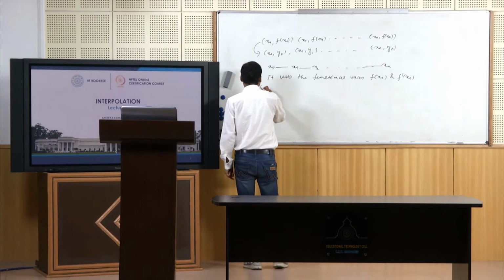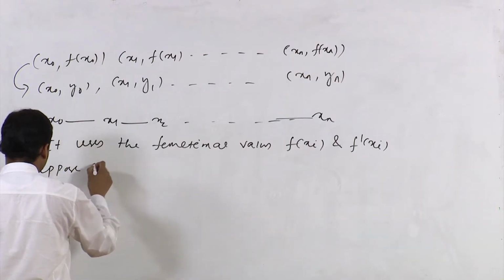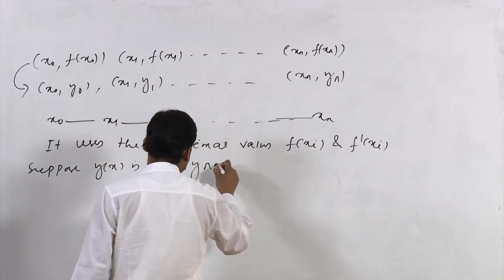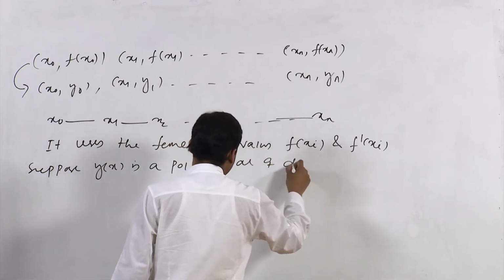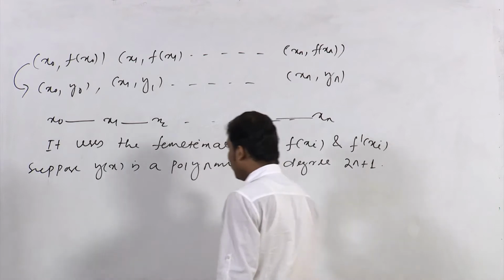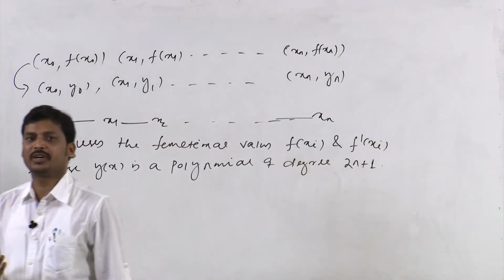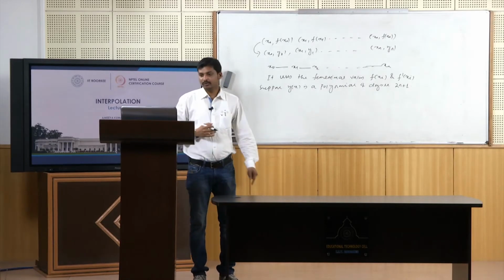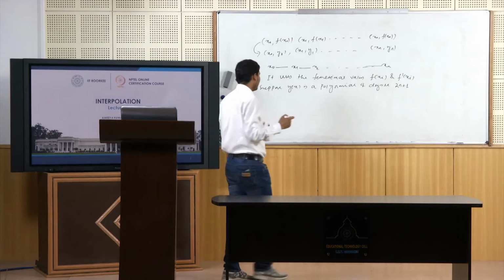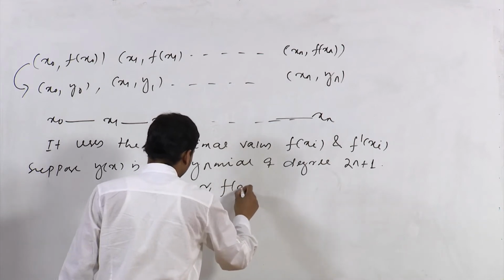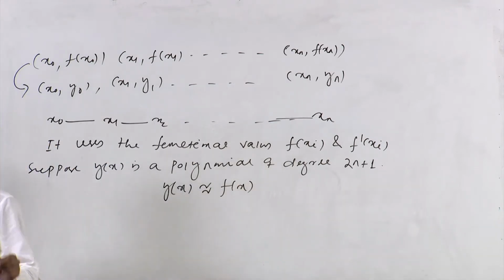Since the polynomial involves 2n plus 2 conditions here, y of x is a polynomial of degree 2n plus 1, which approximates this function f of x at the nodal points x0, x1 to xn.